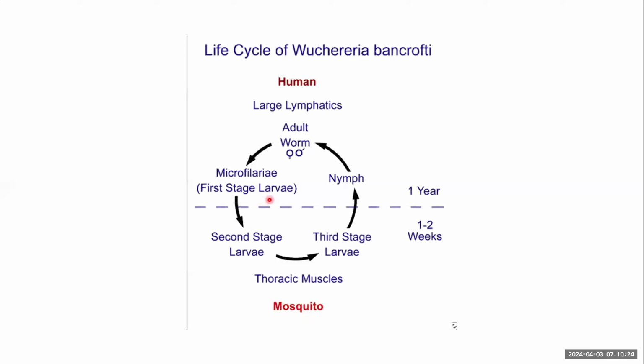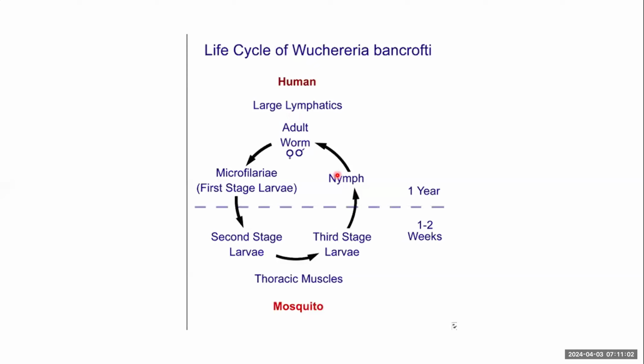The first stage larva or microfilaria is picked up during a blood meal by the mosquito, and it develops into the second stage as well as the 3rd stage within the mosquito. And then during another blood meal, the 3rd stage larva is introduced via the broken skin, and it migrates through the subcutaneous tissue and enters into the lymphatics in the humans, where it develops into the adult worm.